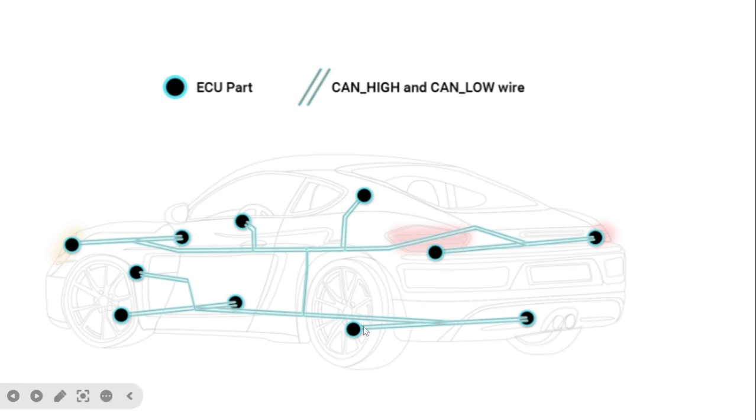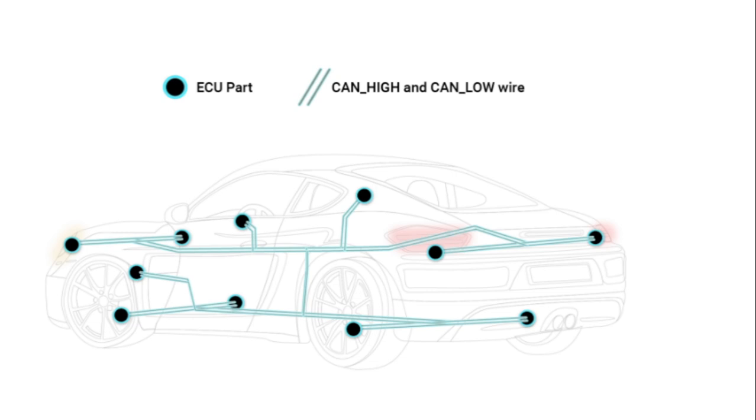The same two wires are connected here to the backlight, and then here to the ECU, this connected to the AC, the upper roof ECU we can say, and this to the bumpers or the brake system, right? So only these two wires are interconnected throughout the car network, right?